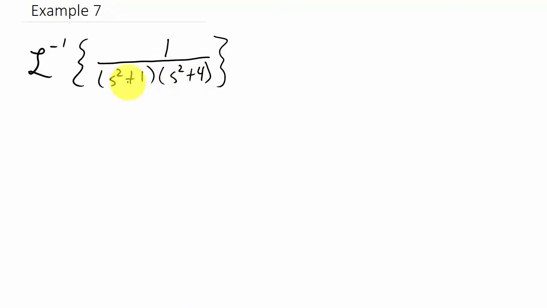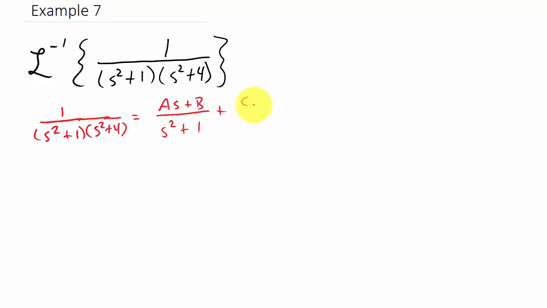And you can see this is already factored. So I have 1 over s squared plus 1 times s squared plus 4 is equal to, now hopefully you remember how to do this, as plus b over s squared plus 1 plus cs plus d over s squared plus 4.